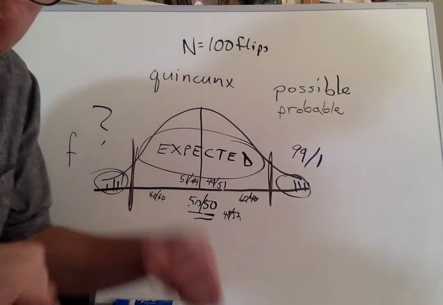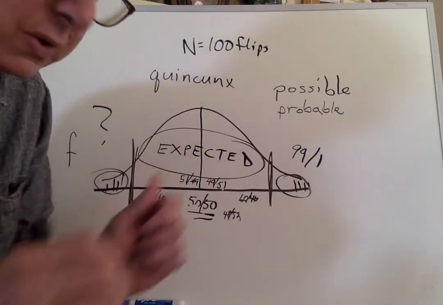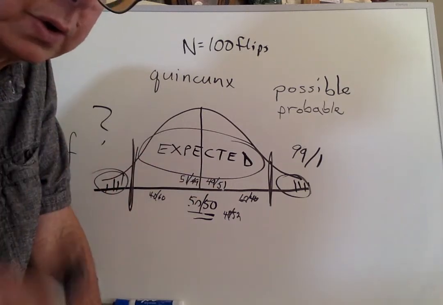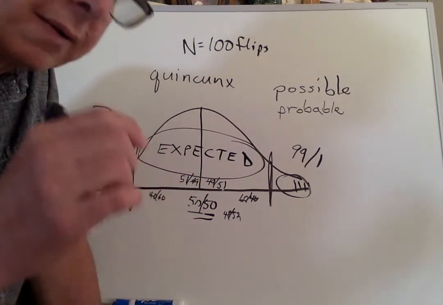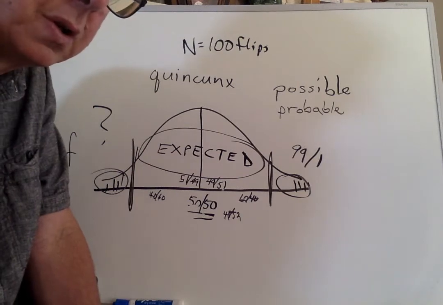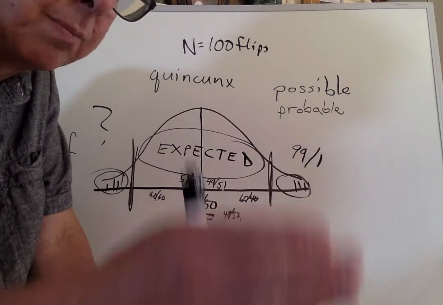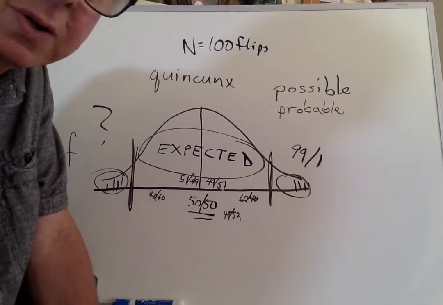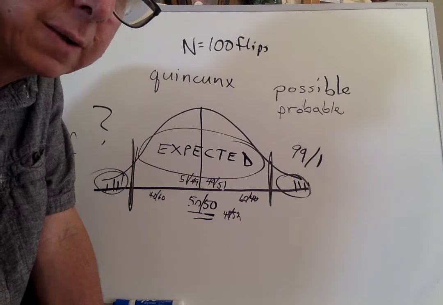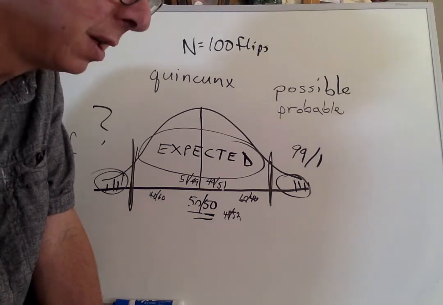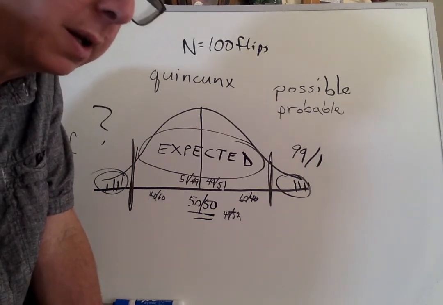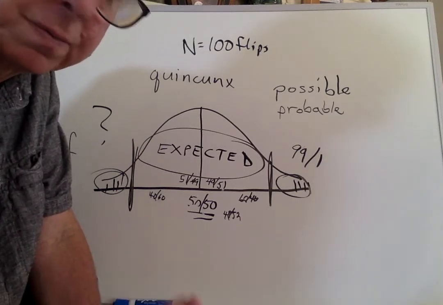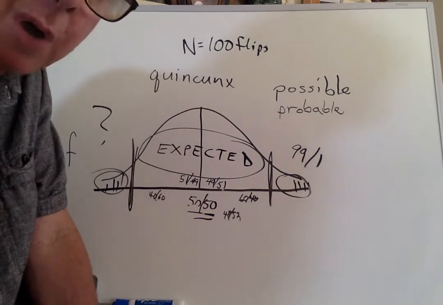I could turn that Quincunx over 1,000 times, and I would bet everything that I have in the world that we're never going to see the majority of the ball bearings in the 9th bin or in the 1st bin. This is not magic. Could that happen? Of course it could. But the probability is just astronomically small.